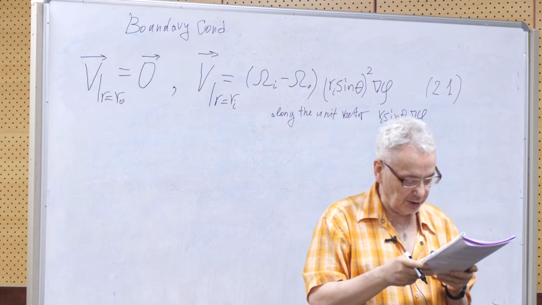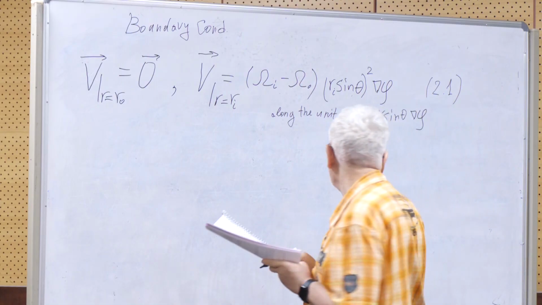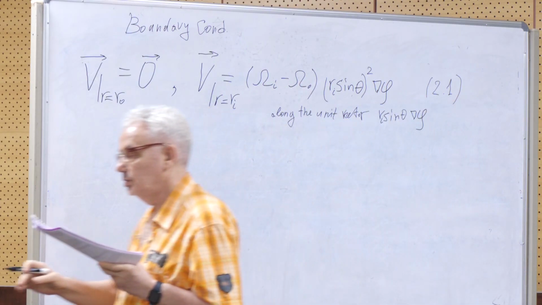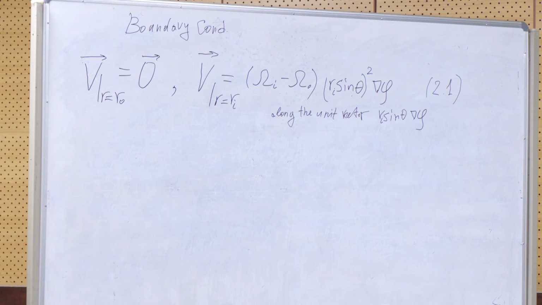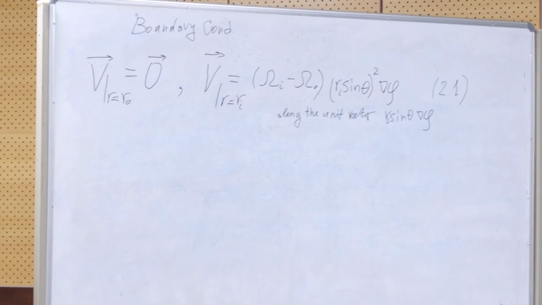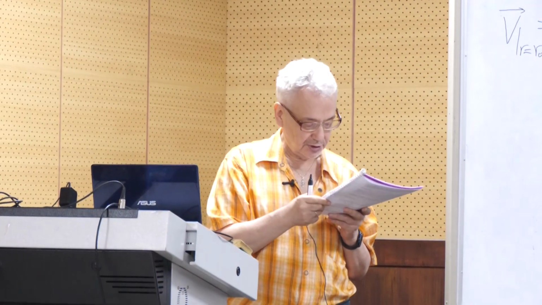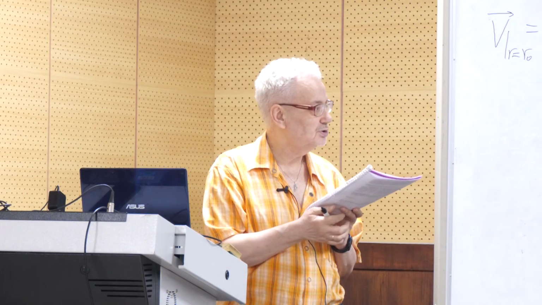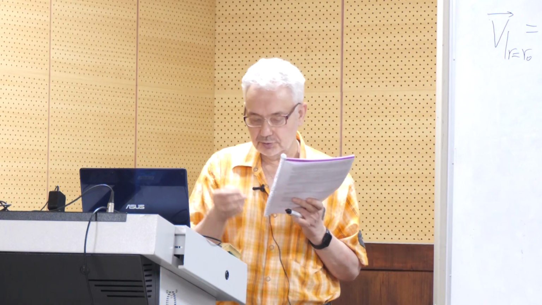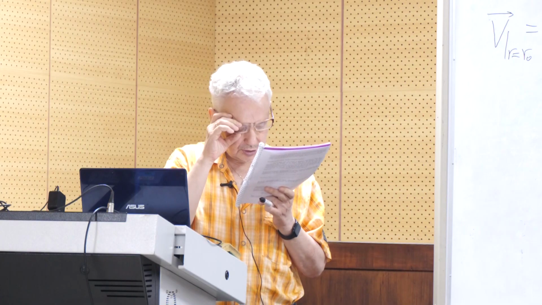In the system completely described by equations 0 and 1, the only source of flow is the differential rotation of the rigid internal boundary, because the outer boundary is related to the coordinate system with which we are rotating.